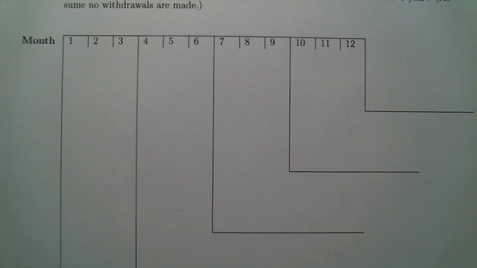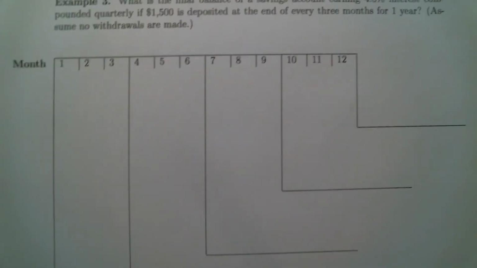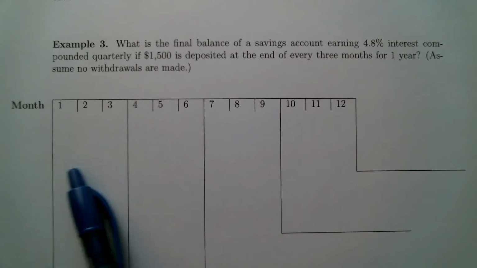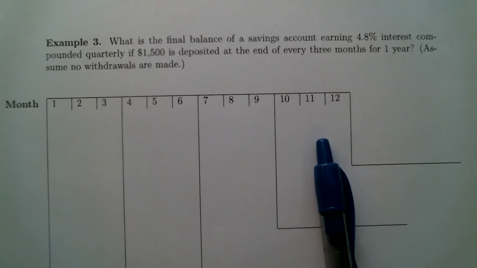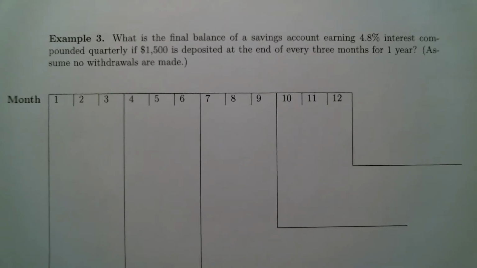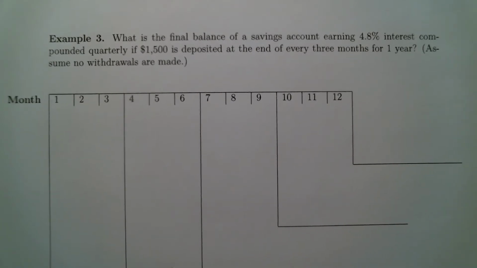We've got the same interest rate, 4.8%. We've divided up our year into quarters, so the interest is still compounded quarterly. You're saving for a total of 1 year. Your initial deposit is $1,500. So all those things are the same as example 1.